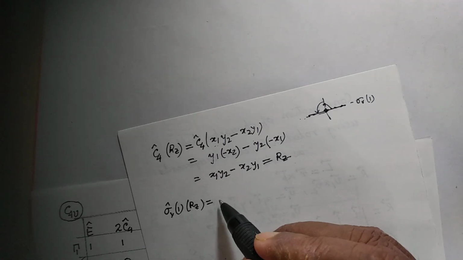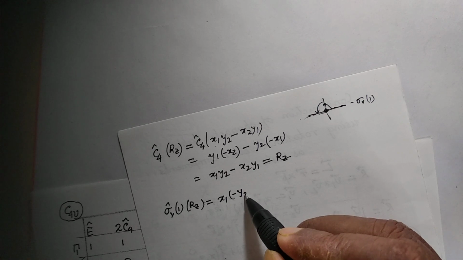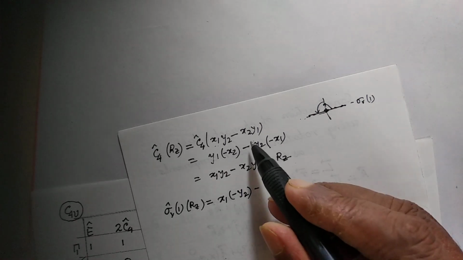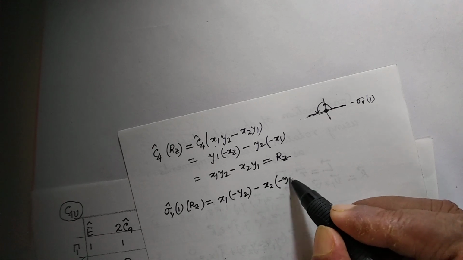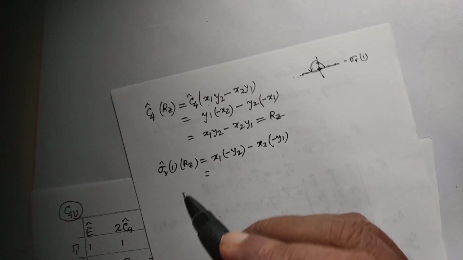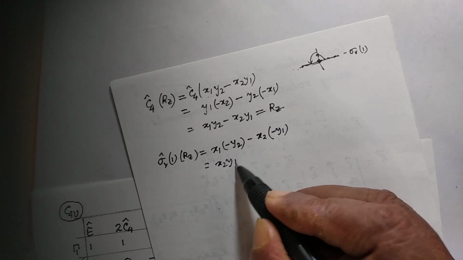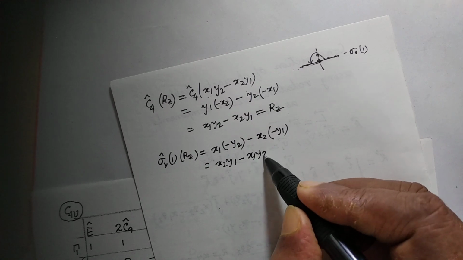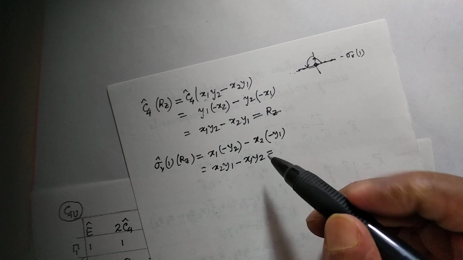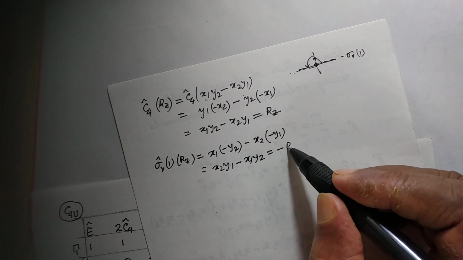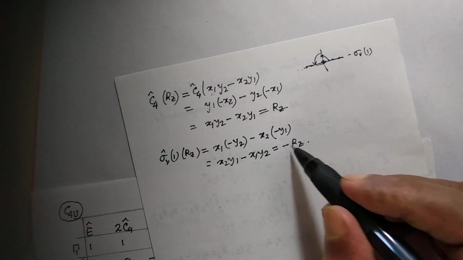So from here we get x1 into minus y2, and from here we get x2, which remains unchanged, and y1 becomes minus y1. So this is x2 y1 minus x1 y2, and this is the negative of this function. This is minus RZ. So sigma V1 gives a character minus 1.